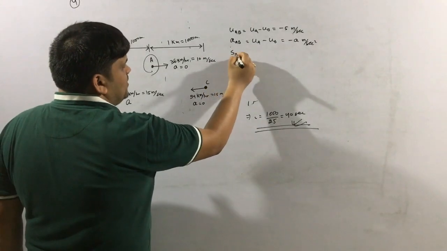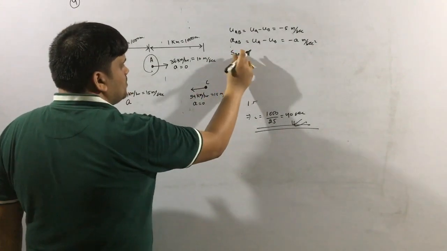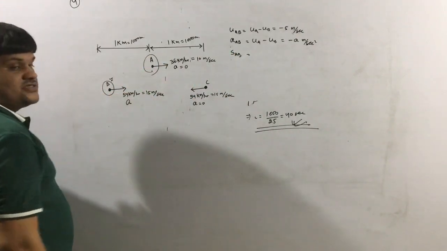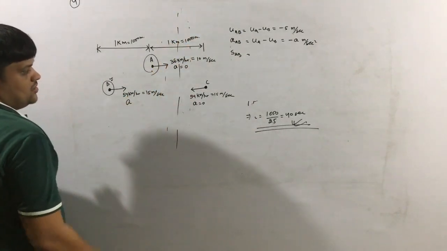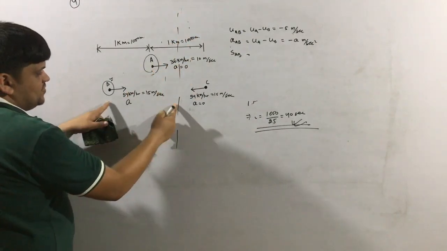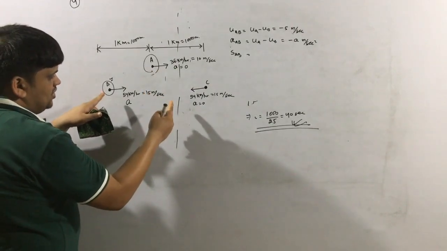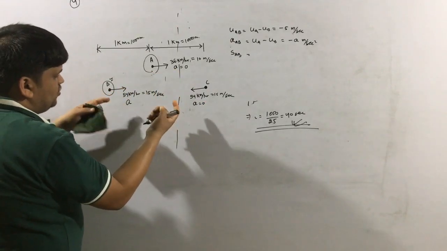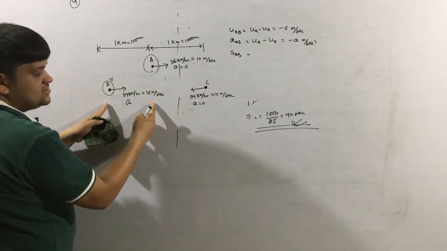Similarly, SAB, that will be equal to how much? This car has travelled some distance, this car has travelled some distance. Let them cross here. So this car has travelled this distance, B has travelled this distance. We don't know what this distance is, but if you do this distance minus this distance, what will you get? This distance.